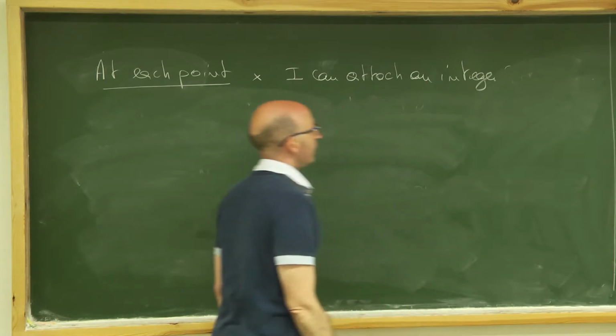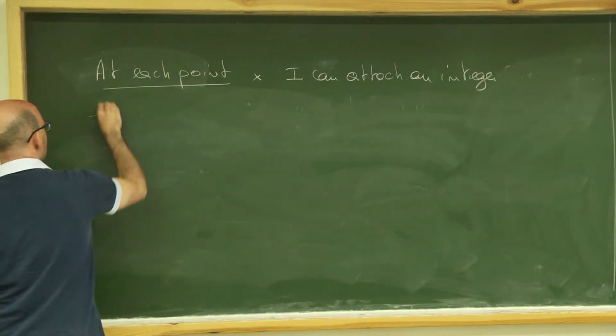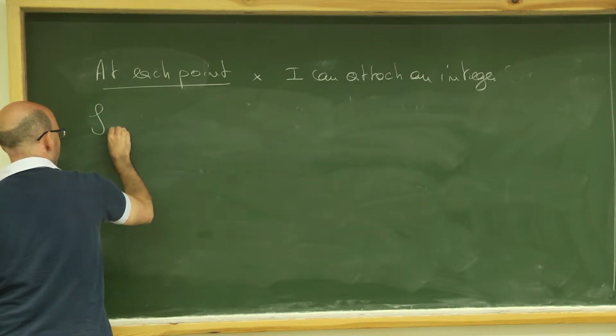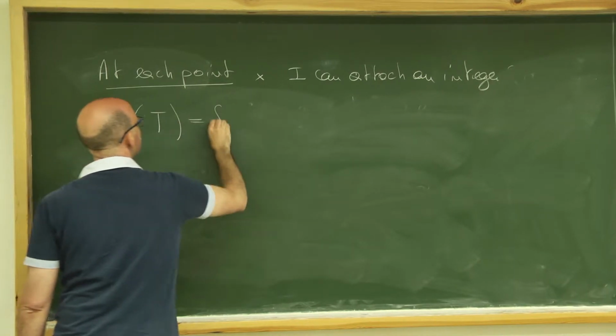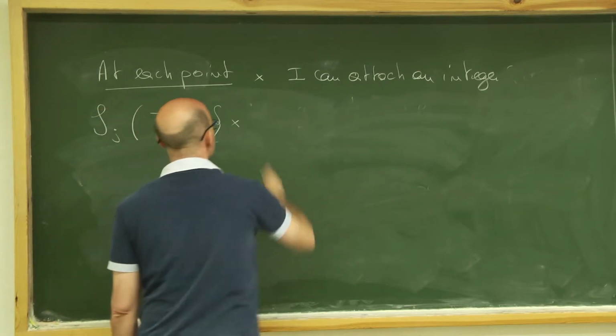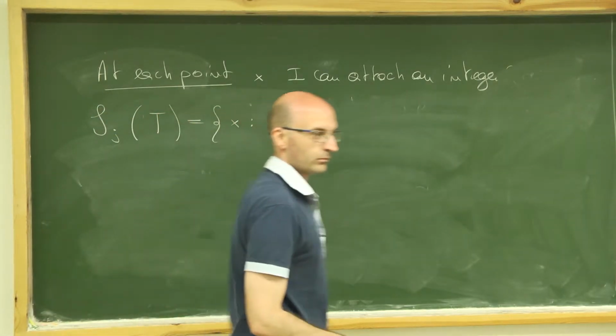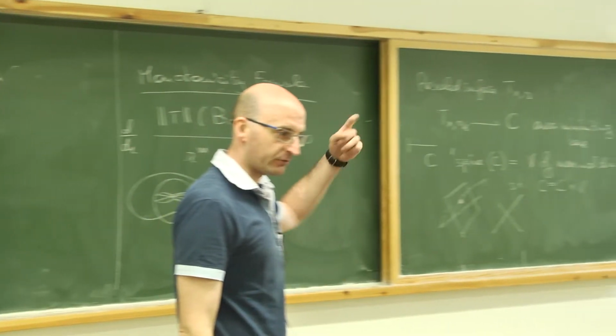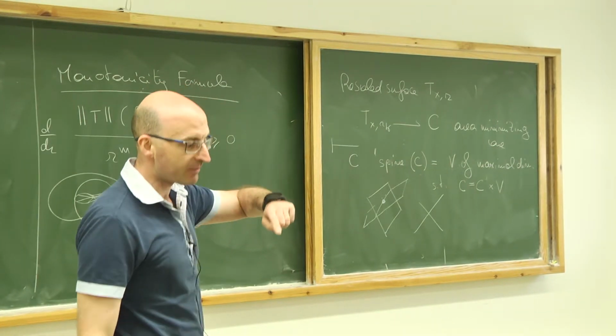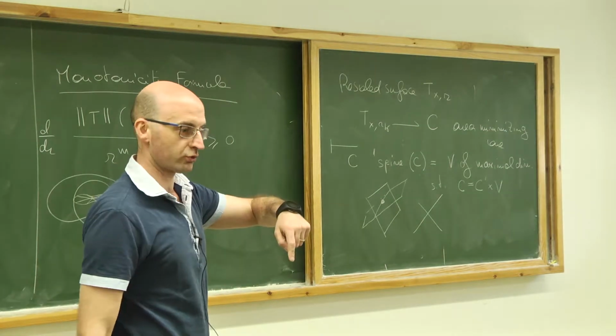And after I've attached an integer, I can define for every integer j a stratum S_j of my current T. This is the stratum of point x. Is the dimension the maximal dimension of the possible V like this? Yes. It's the maximal dimension of the possible V like this, and then you maximize among all possible tangent cones.